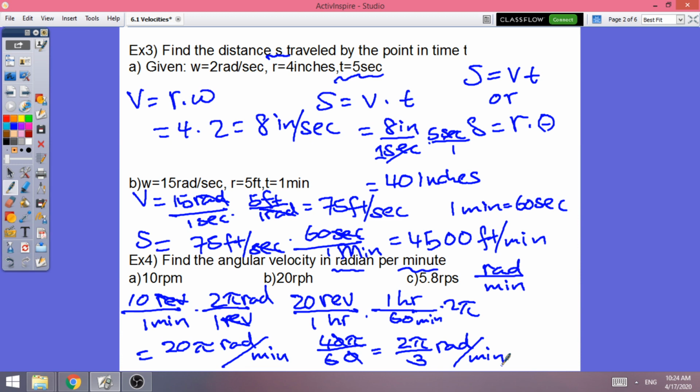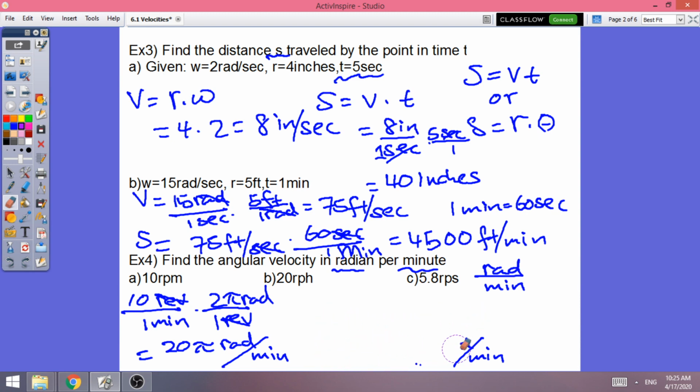Okay, so now what about 5.8 rotations per second? Quite similar. We need to do that conversion again. I need more space, so let me just erase this part right here. For the next one, it's 5.8 rad per second.